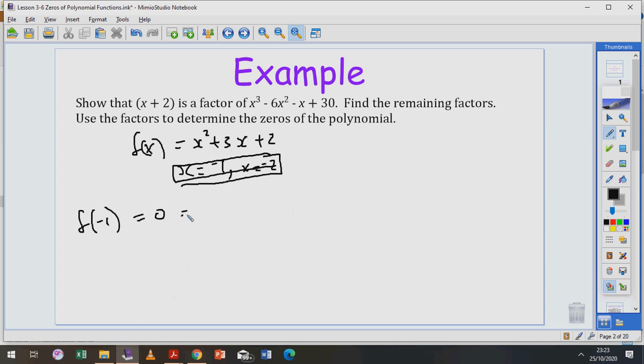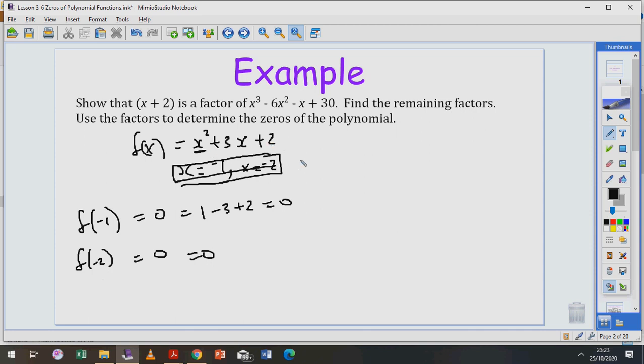You can see that's true: -1 squared is 1, -1 times 3 is -3, plus 2 gives me 0. If I do the same for -2, I expect 0 because I'm substituting a zero of that polynomial. You get 4 minus 6 plus 2, which is 0.